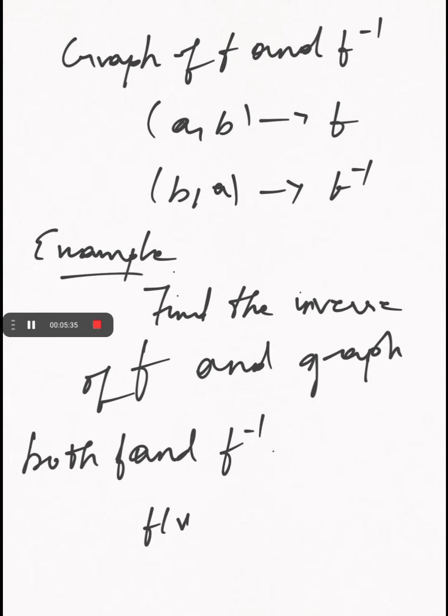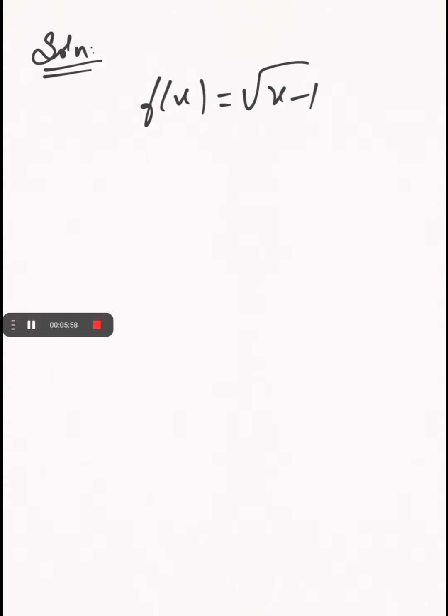They are giving f of x equals root of x minus 1. We need to identify the f inverse, and also we draw the graph for both f and f inverse. Here the question is f of x equals root of x minus 1.